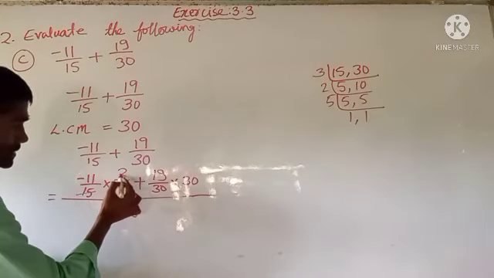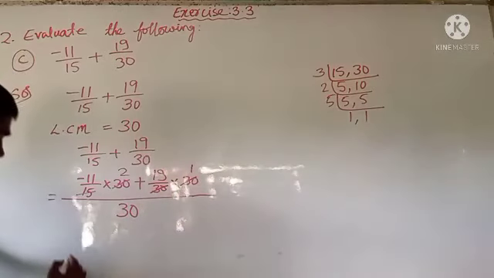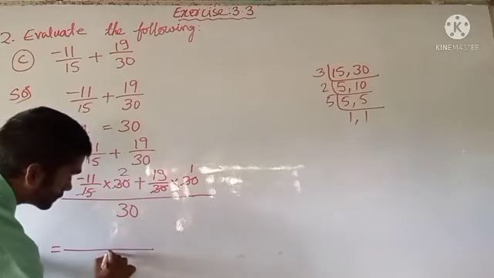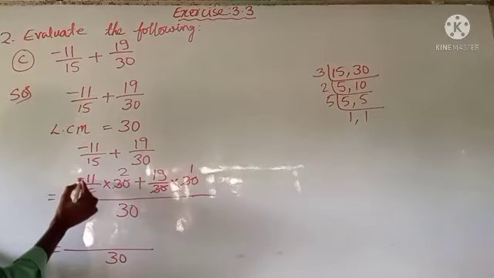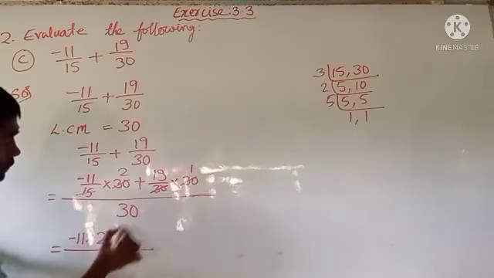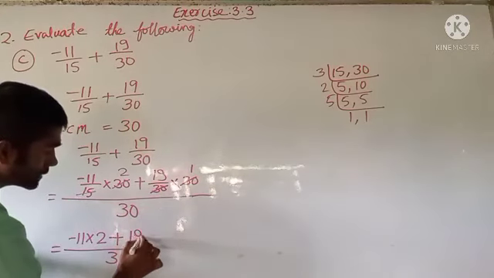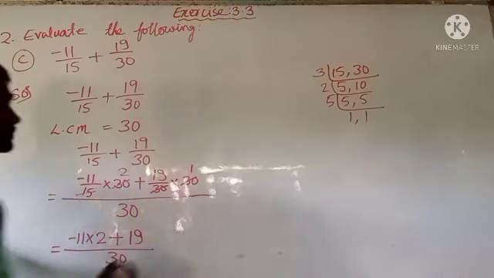15 2 times it is 30 and 30 1 times it is 30. Now what we got here, that is minus 11 into 2, plus 19 into 1, that will get the same result, that is 19 itself.